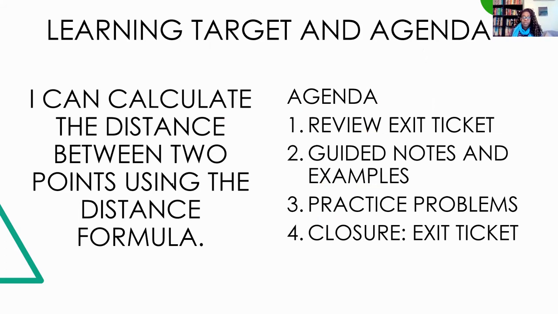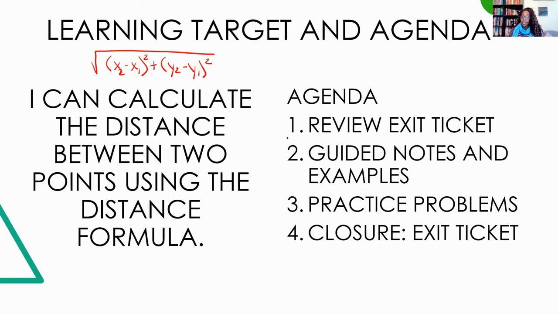Once you know the distance formula in itself, so you got your square root, you take the difference of your x's, and you're going to square that and add to the difference of your y's, just like how you would calculate in slope, except for you're squaring and you're adding them together.